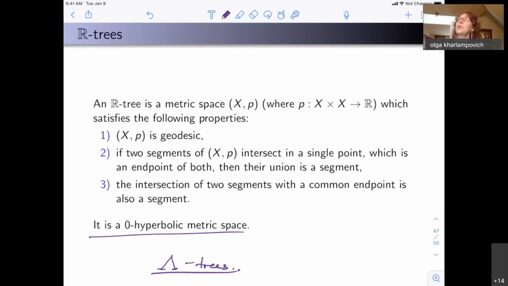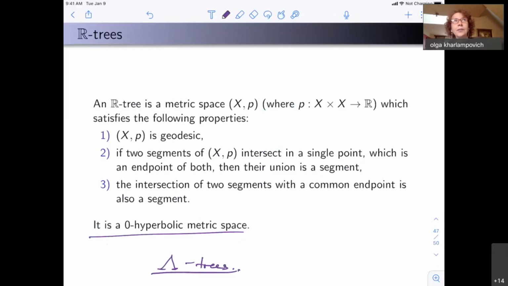As an example, take an arbitrary group G, and take homomorphisms from G into a free group. Suppose we have infinitely many different homomorphisms into a free group. Then G acts through these images on the Cayley graph of a free group. It acts on a tree.